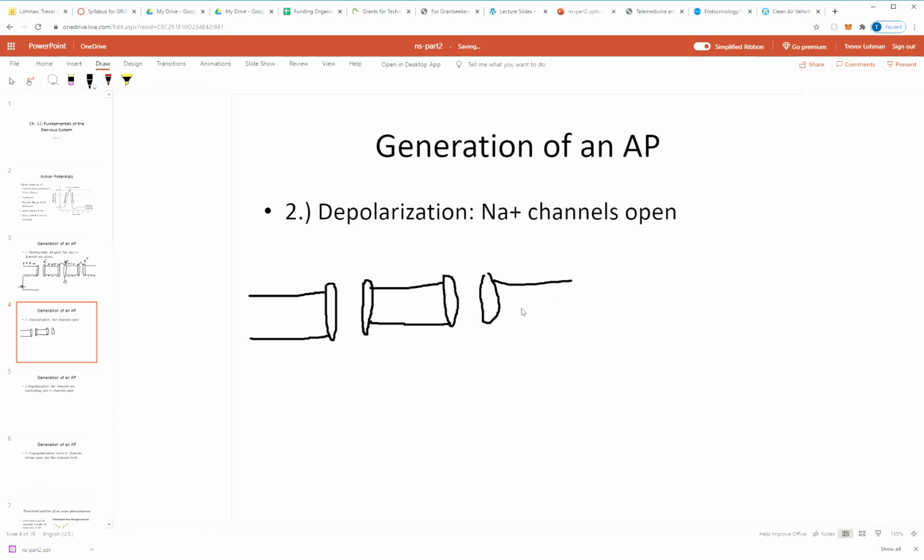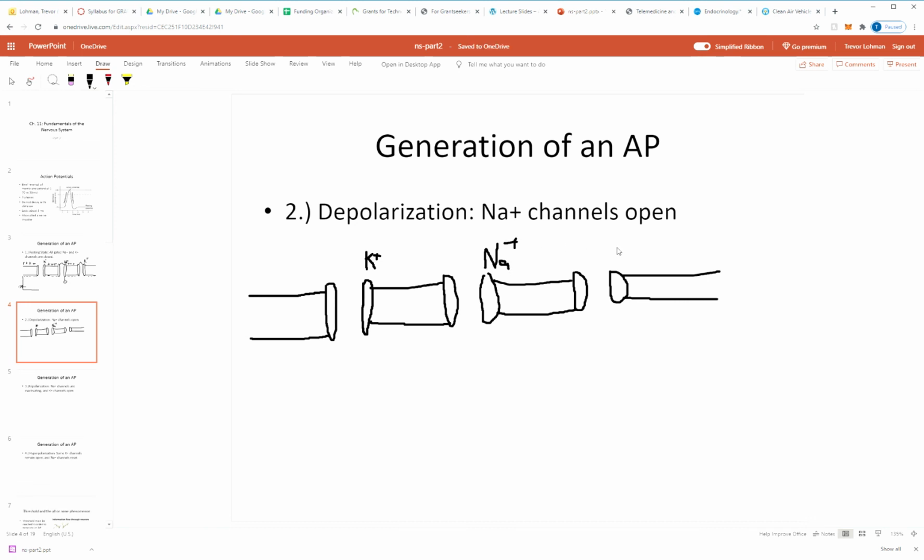My drawing is deteriorating somehow. Okay, do you remember what these are? This is a leakage potassium channel. This is a voltage-gated sodium channel.